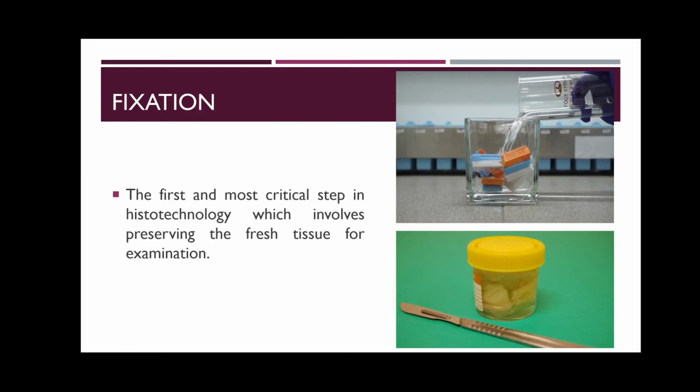This process, class, is called fixation. The quality of the section on the slide is only as good as the quality of the fixed tissue specimen. So if you properly fix your specimen, then you will get an optimum result for the pathologist to read.